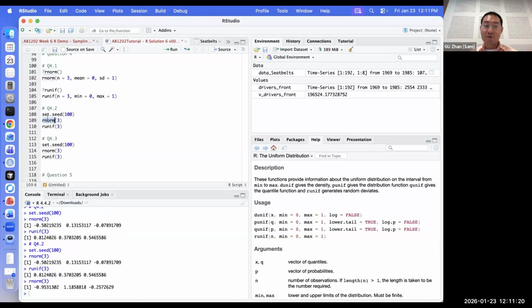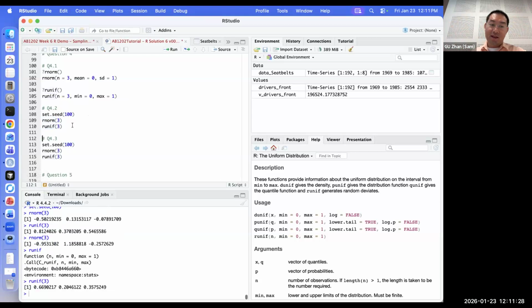So rnorm consumes the first 3, then runif consumes the 4th, 5th, and 6th random number. In total, there are 6 random numbers being consumed.